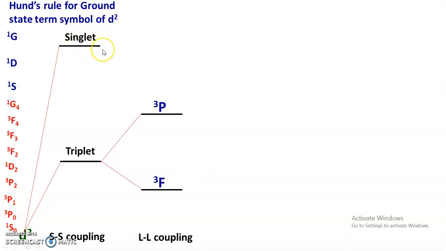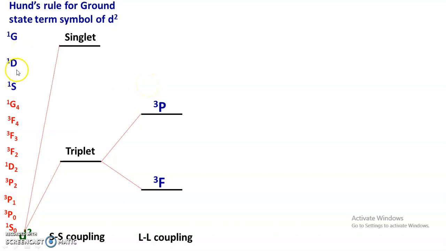Now in singlet, again there are three terms, 1G, 1D and 1S. These are the singlet terms, and again as per LL coupling, the term with highest L value will have the lowest energy.